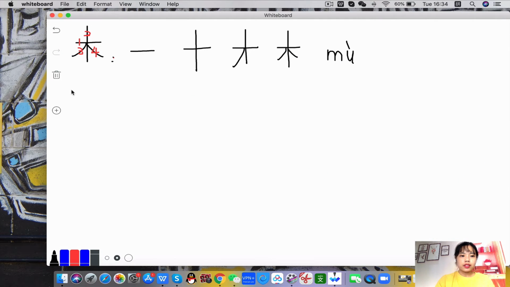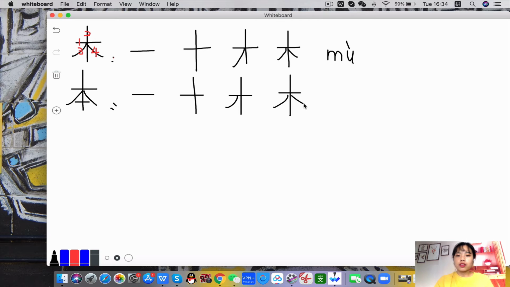So you see this 横竖撇捺. This is 木, right? So we just add 横. It becomes 本. The second stroke is 竖. Third is 撇. Fourth is 捺. So the last stroke is 横.